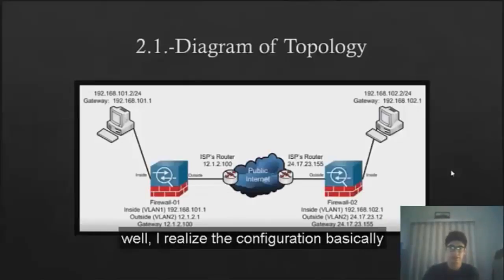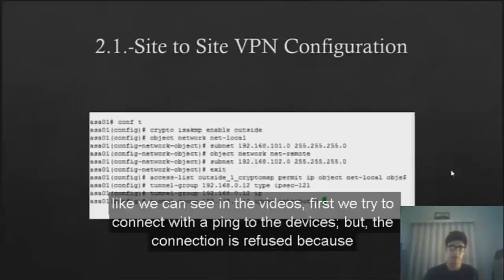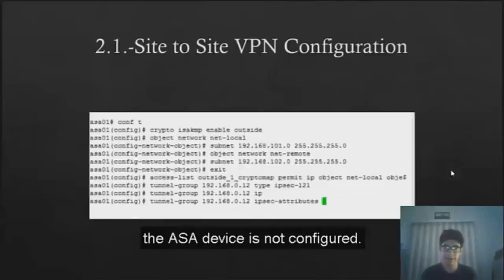Well, I made the configuration basically like we can see in the videos. First, we try to connect with a ping to the devices, but the connection is refused because the ASA device is not configured.